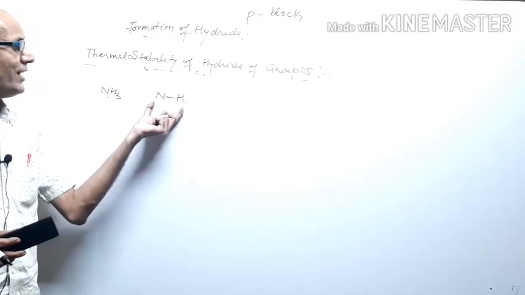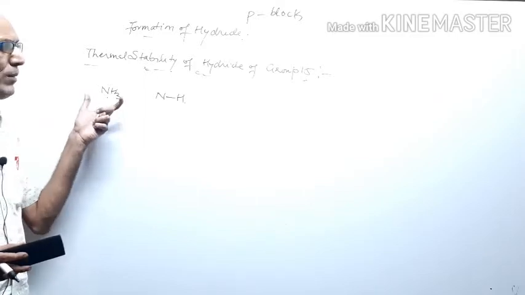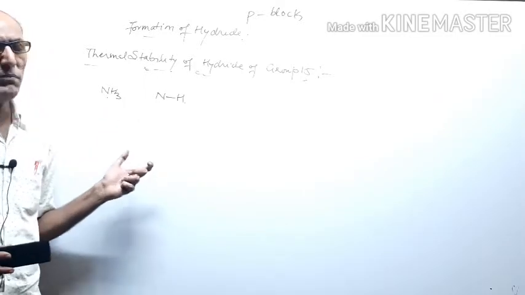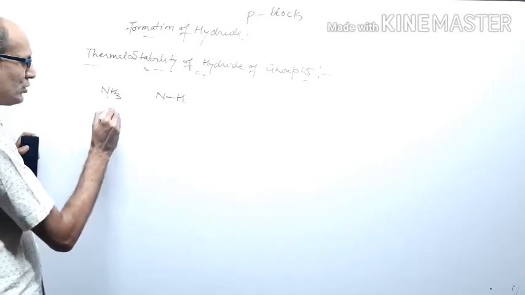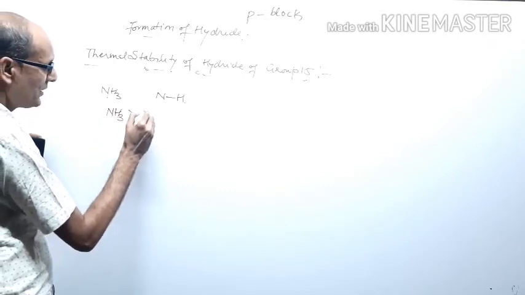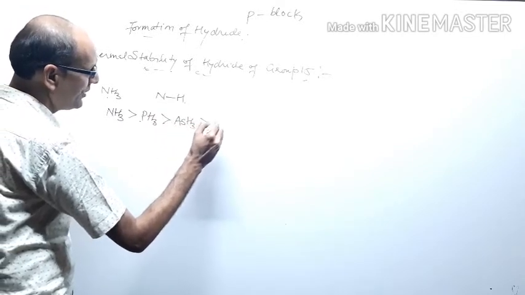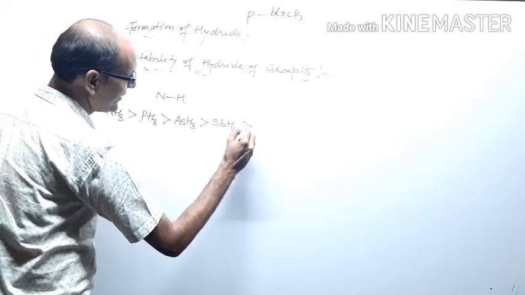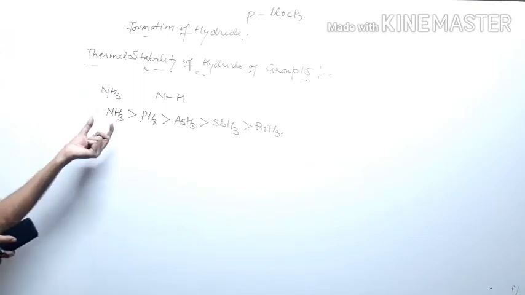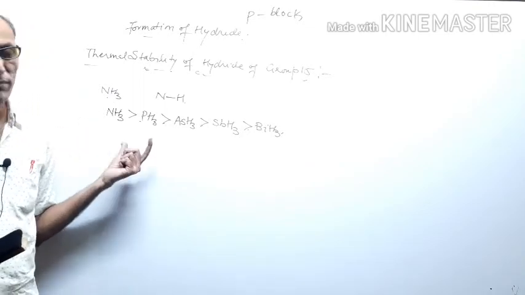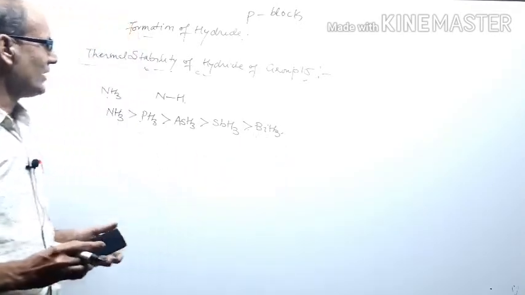That's why NH3 requires more energy to dissociate. So the thermal stability of ammonia among all the hydrides is maximum. The order of thermal stability is NH3 greater than PH3 greater than AsH3 greater than SbH3 greater than BiH3. This means ammonia requires more energy to decompose, while bismuthine requires very little energy.